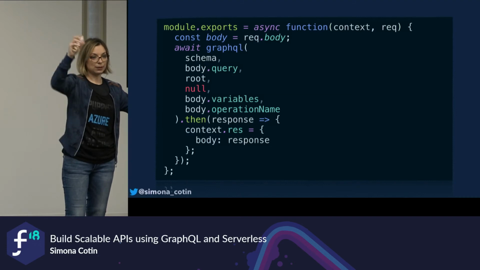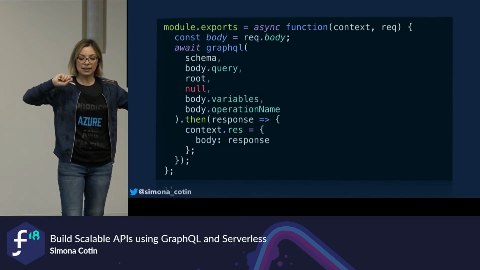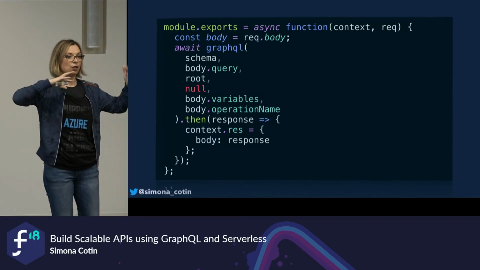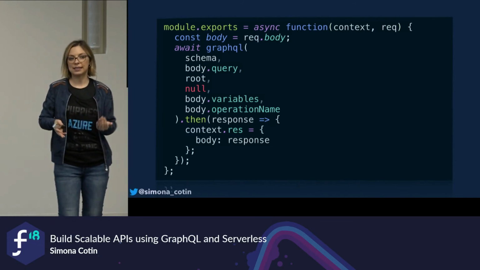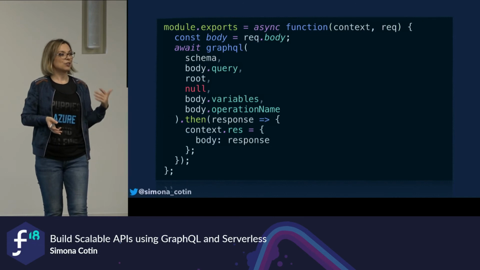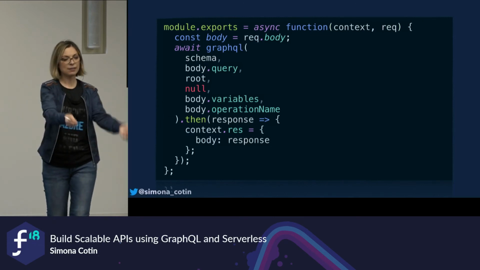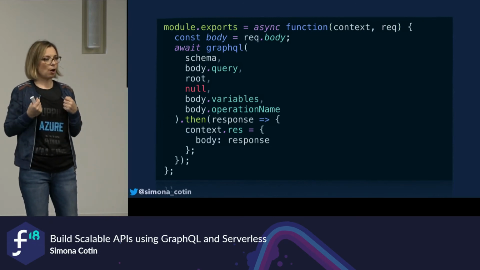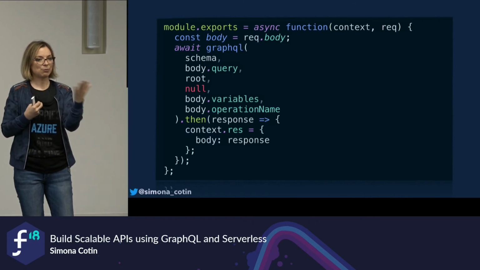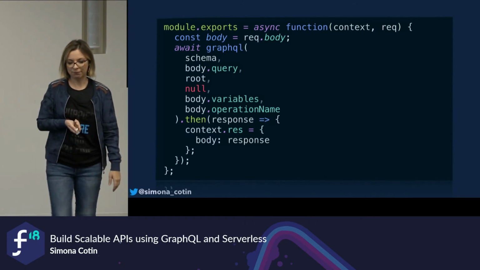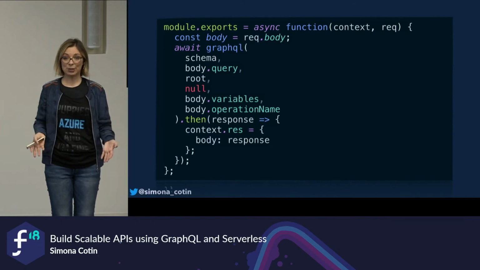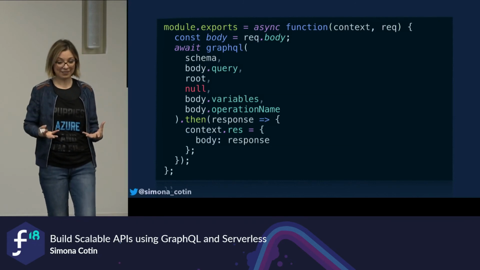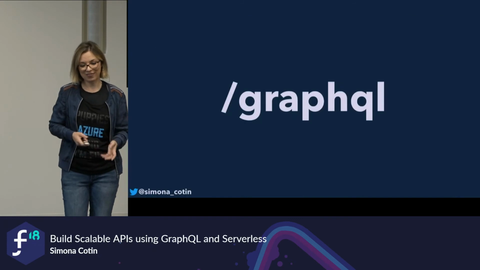The query will be sent as part of the request, and then we can also get variables and operations. Those are things that will make much more sense when you see GraphiQL. And then we are returning the response that's being returned by the GraphQL method. So that's it. This is how you would host a GraphQL endpoint in your function. It's a couple of lines of code.